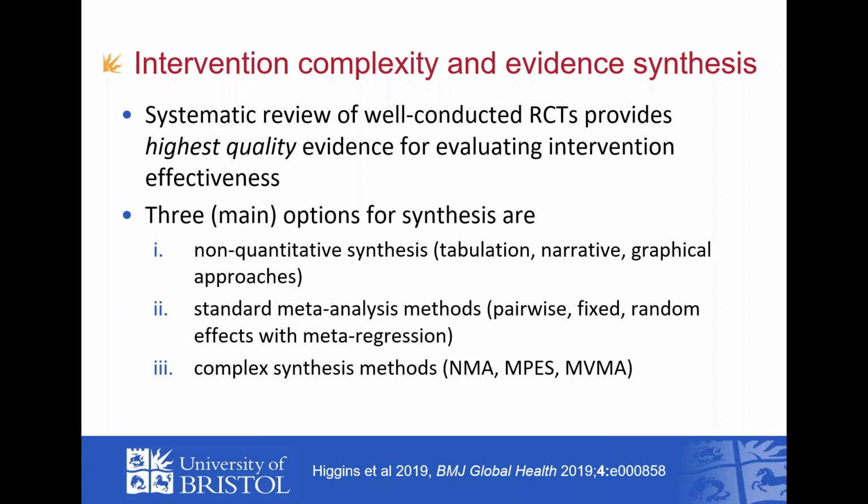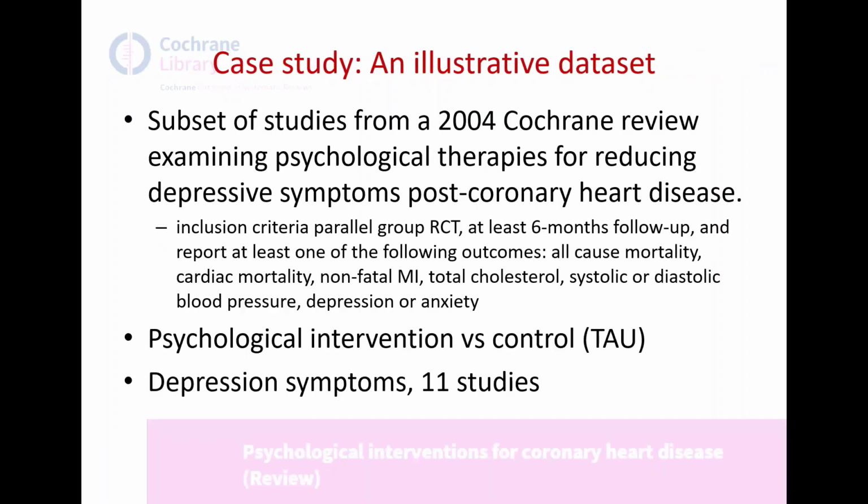But because what we're going to focus on in this talk is network meta-analysis and the number of components and the potential interactions between those components, that's going to be the focus for the remainder of the session.